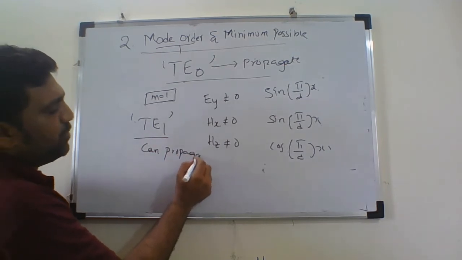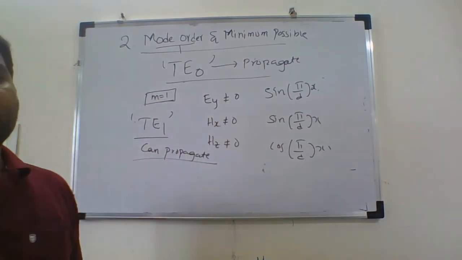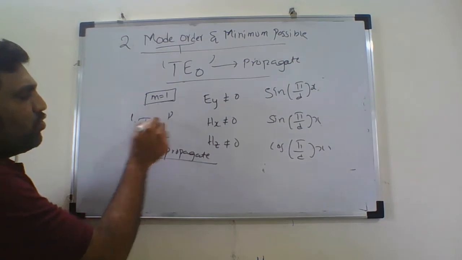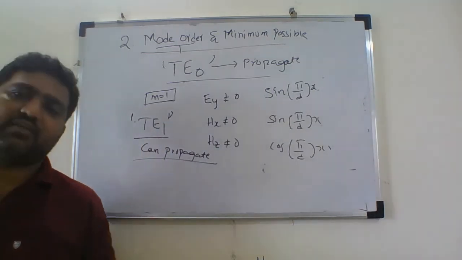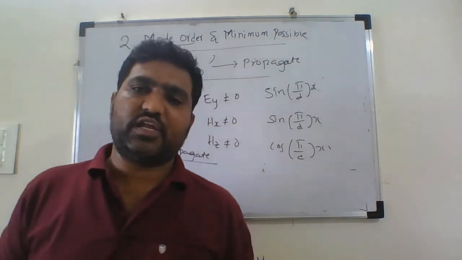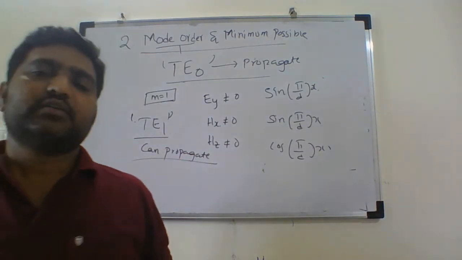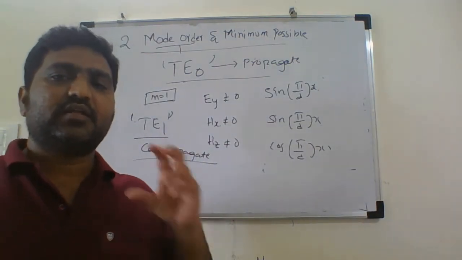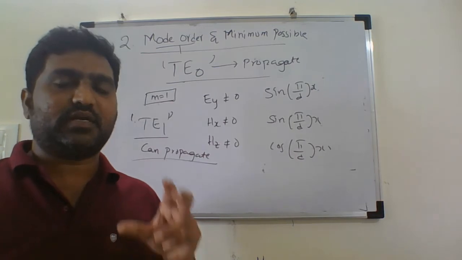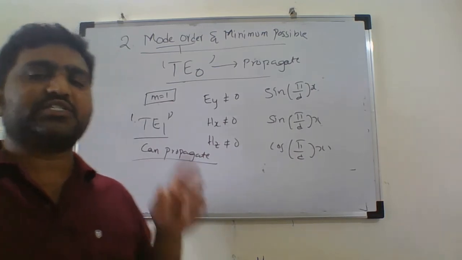So the minimum mode that is supported by the TE configuration is TE1. In case of a planar waveguide, the minimum mode supported by the waveguide is TE1.